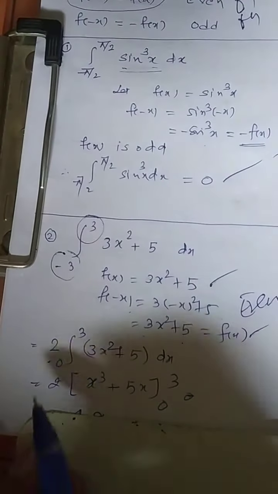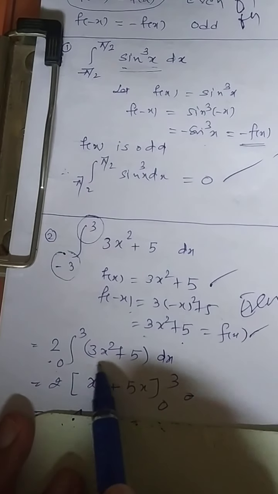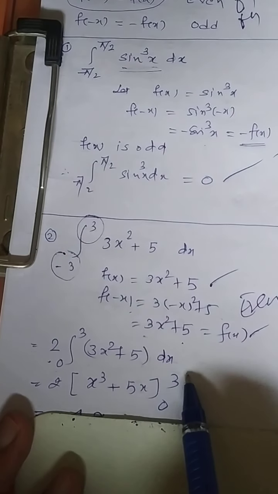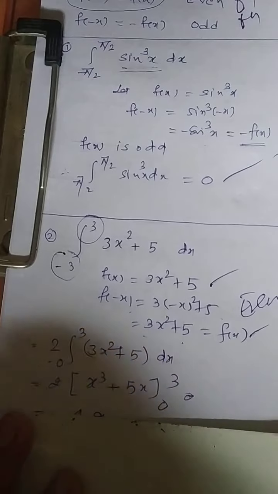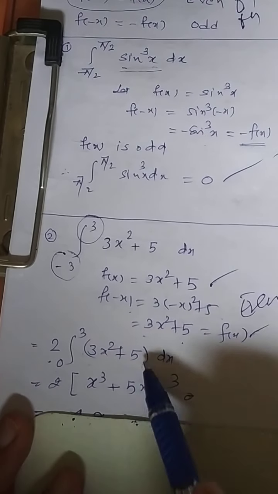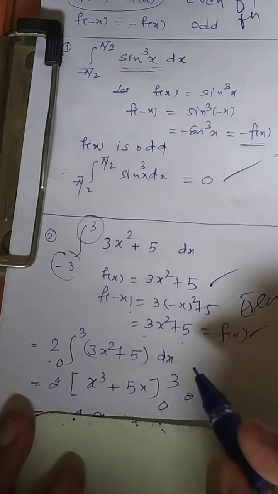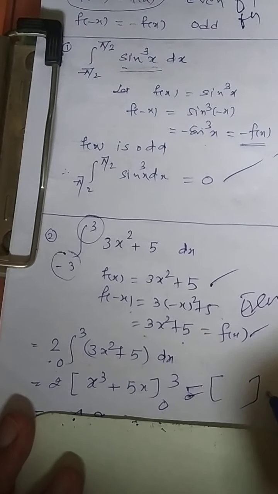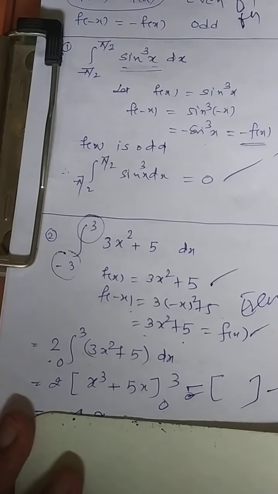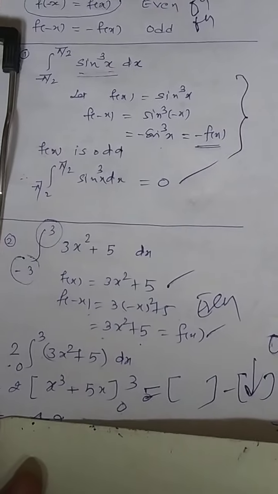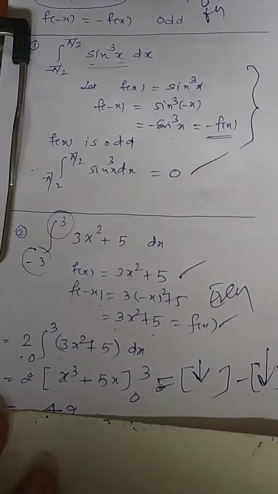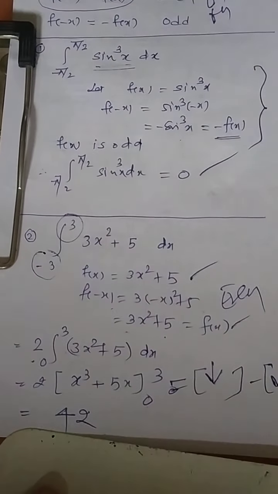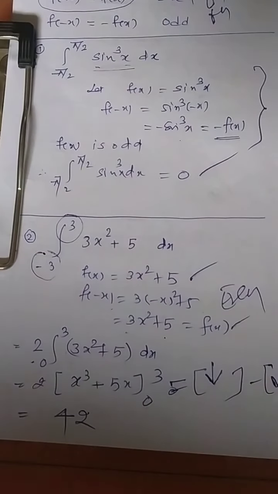So it will be 2 times the integral from 0 to 3 of 3x square plus 5x. Why is it easy? Because the lower limit needs no calculation. Its integration is x cube plus 5x, from 3 to 0. So you get the upper limit minus the lower limit, and the lower limit is nothing but 0. But you have to replace 3 in this bracket and simplify and see whether the answer comes as 42.